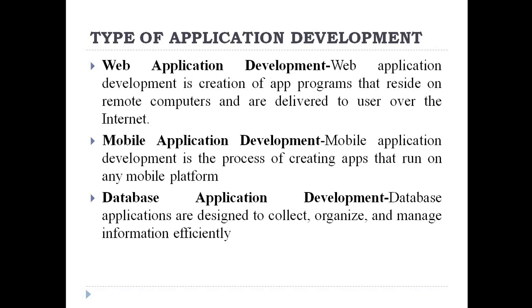So whatever software or applications we develop on computer, those applications are also made available on a mobile handset, and using those apps we can perform lots of activities on mobile also.